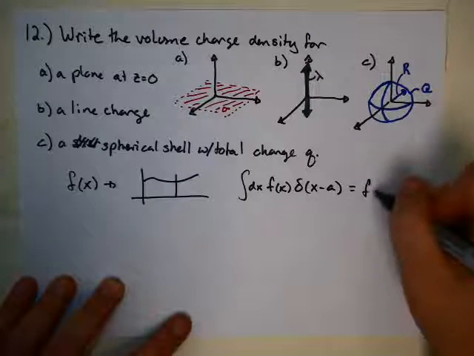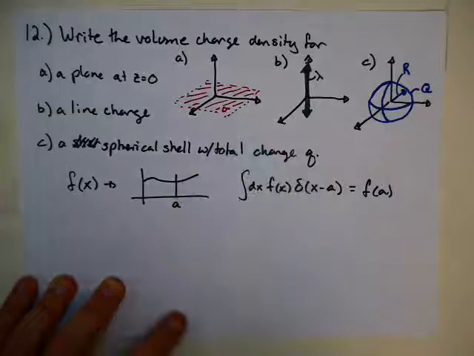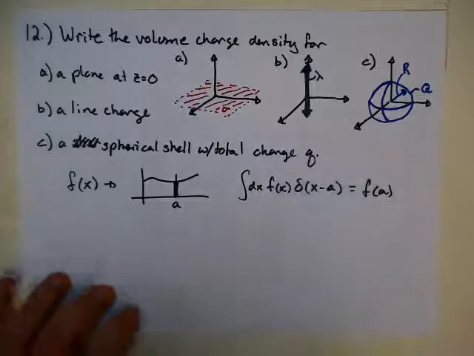This evaluates to f at a. So it allows us to choose the value of f of x at x equals a. And so it allows us to choose this value right there.